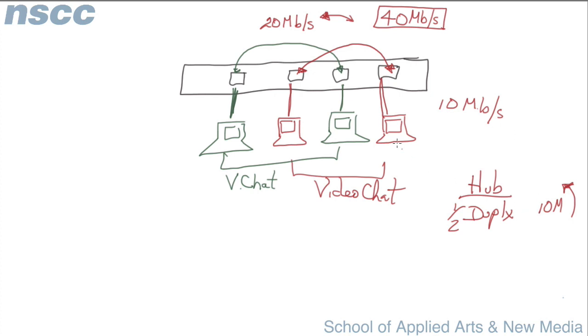You certainly couldn't sustain 2 conversations at the same time. You maybe have a red conversation, but only the video going in one direction. And so this wouldn't be workable at all with a hub. And so you get much better performance in a switch than you would with a hub. And that's why switches have taken over.